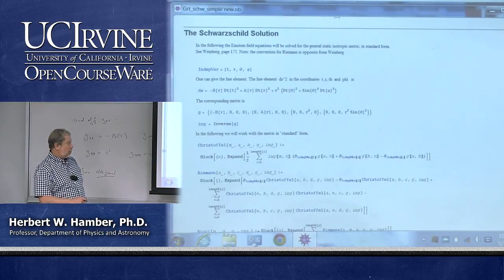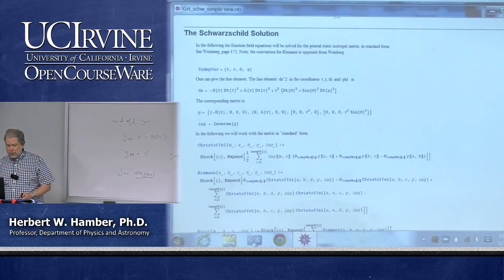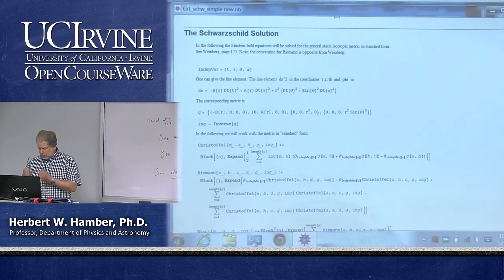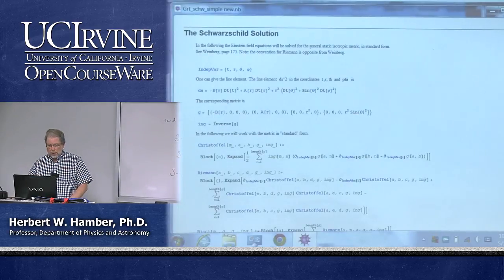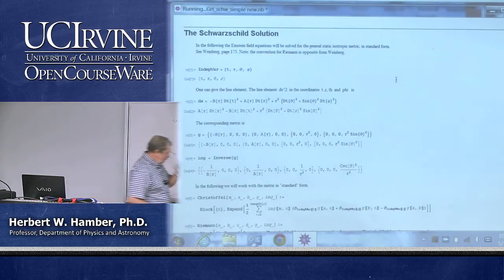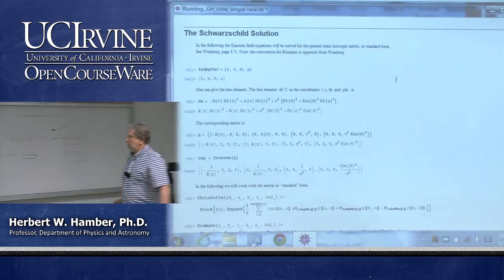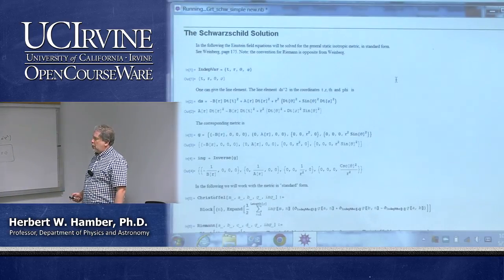Calculate the inverse, which is trivial, and then calculate by exactly the same formula as I had before, the Christoffel symbol, and from that the Ricci tensor, the Ricci scalar, and the Einstein tensor. So we're going to do that, and so evaluate notebook. And now in this case, of course, it goes at lightning speed because the metric has such a simple form.